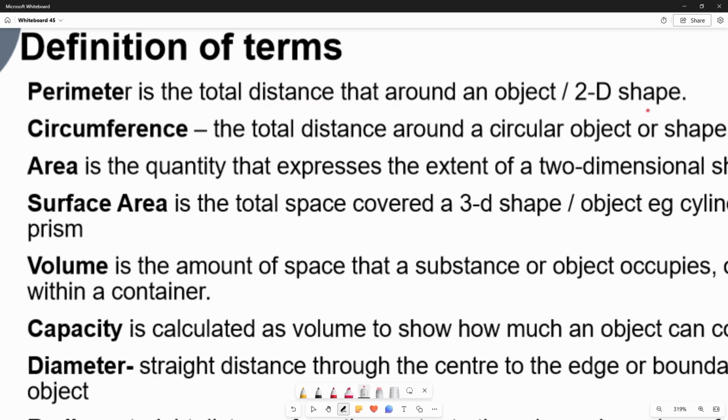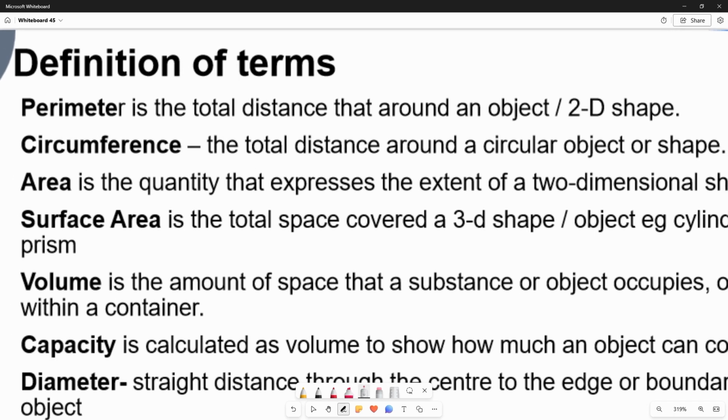Mostly, we look at the 2D shapes, or around, whether it's 3D, but we move around. We don't go inside the shape. Then circumference. It's also perimeter. Circumference is perimeter, but this is now for circular objects or shapes. That's the perimeter of a circle or of a circular object.